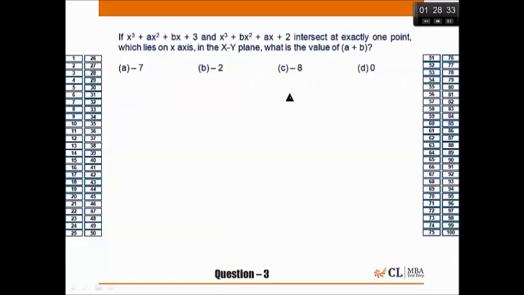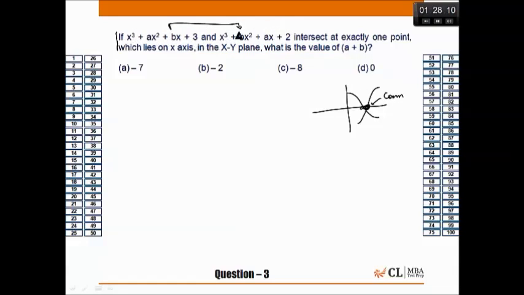2 later. 3. Oh, this sounds okay. Okay, let's see. x cube plus ax square plus bx plus 3 and x cube plus bx square plus ax plus 2 intersect at exactly one point which lies on the x-axis, which means they have one common root. So this must be equal to this, must be equal to 0.